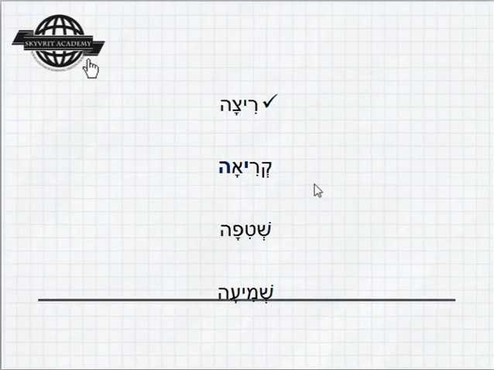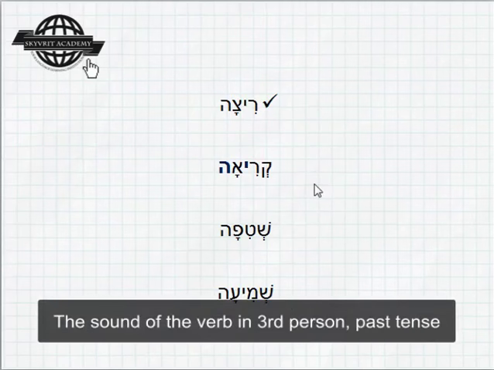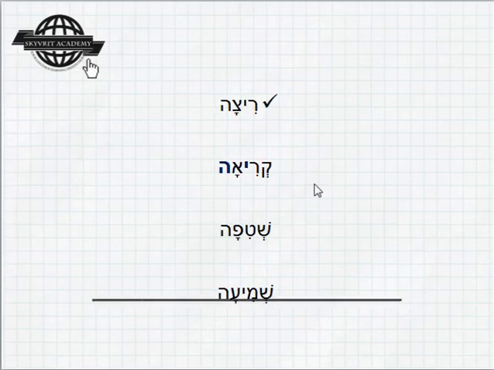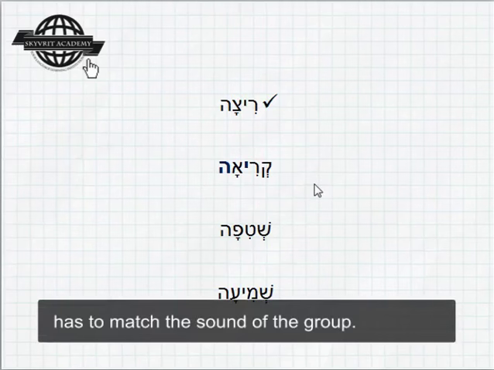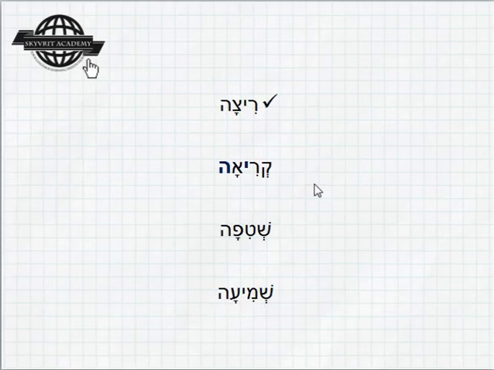We need to match between the verb and the binyan. We need to make it the same sound. So we cannot, for example, have all of a sudden an e sound or an u sound, because this is not part of the pattern that we have in this group.